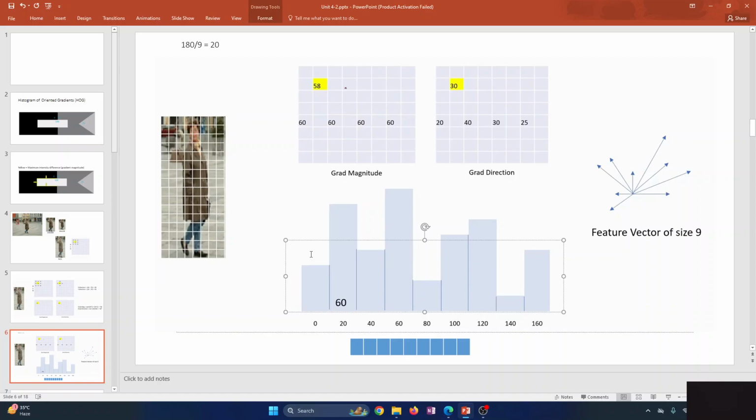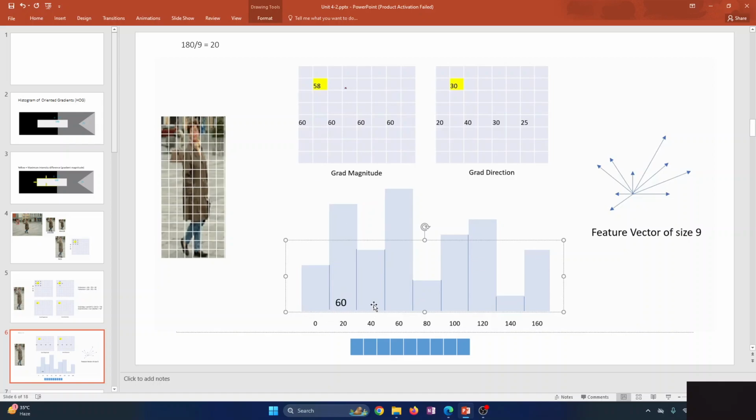Okay, clear? Scanning from left to right, we found first there is a 20 direction. The direction is 20 degrees. So in the 20 degrees bin, meaning any box, any folder, what you say, we are inserting the value 60.